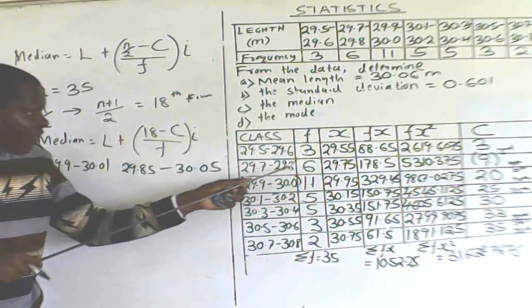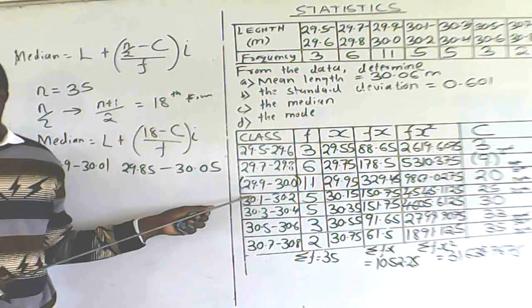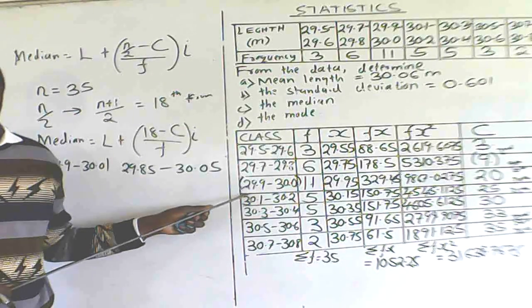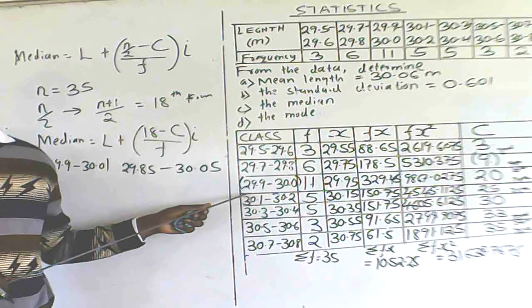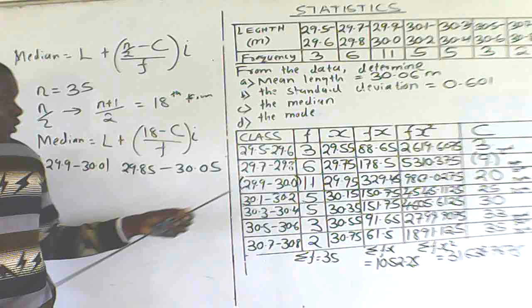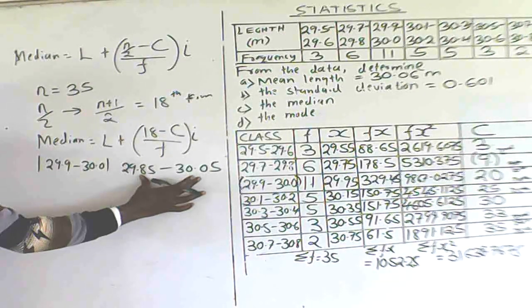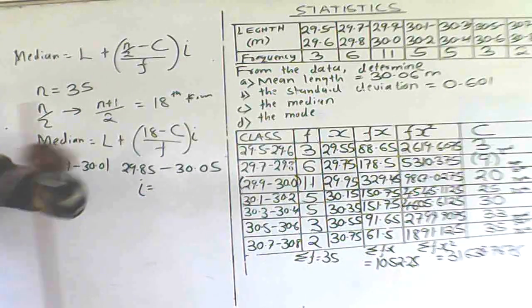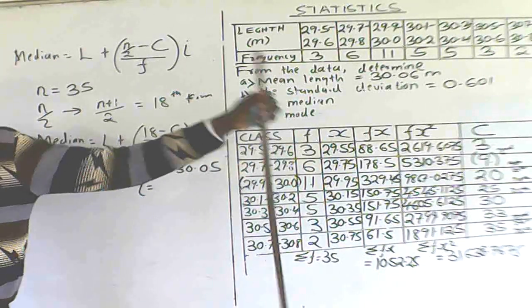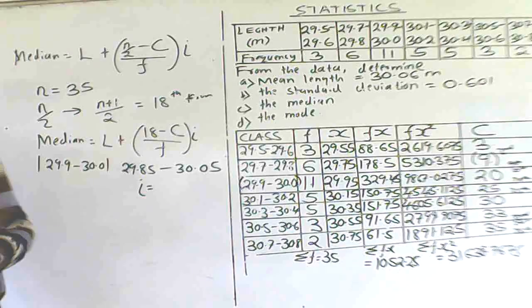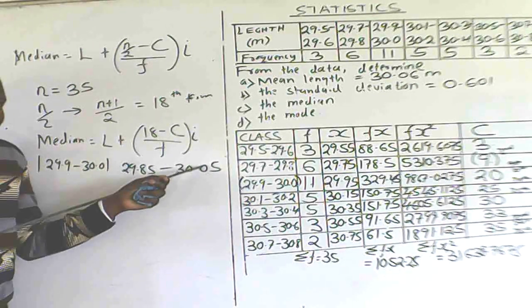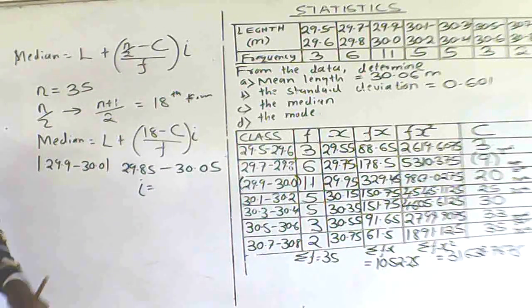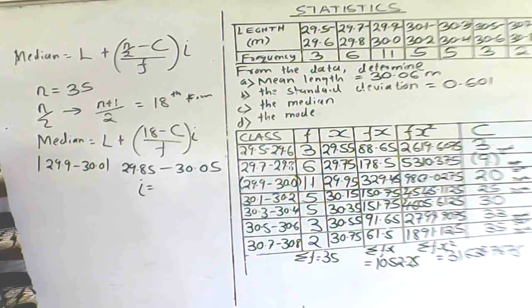But in this case, the class boundaries are different from the class limits because we have different values at the boundaries. Are we together? It is from the class limits that you get the class interval, because the class limits tell you the extent the class can stretch, the width of the whole class. So the class interval is the upper class limit minus the lower class limit. What do you get to be the width of the class, or the interval?